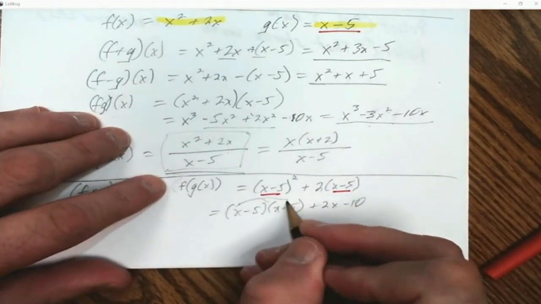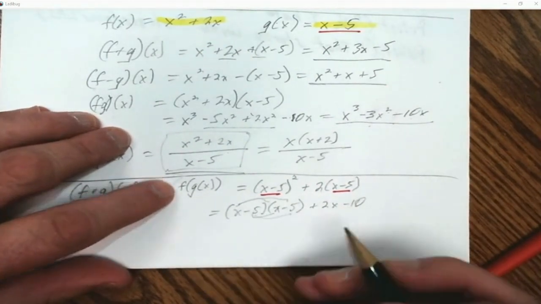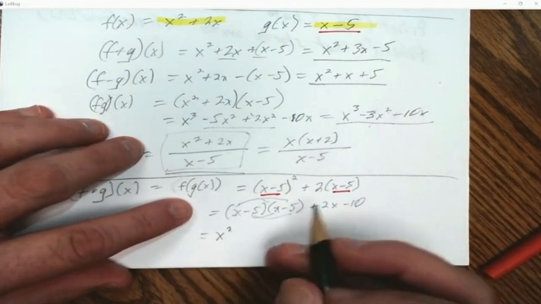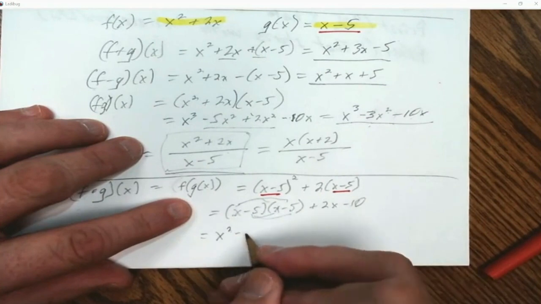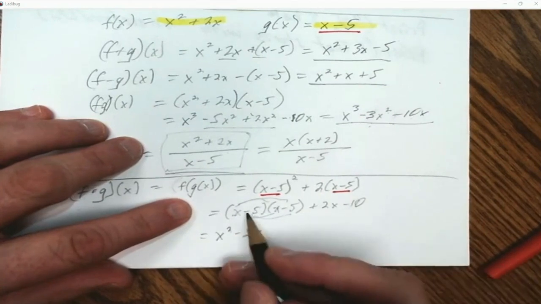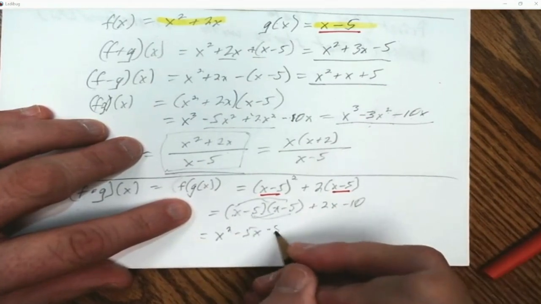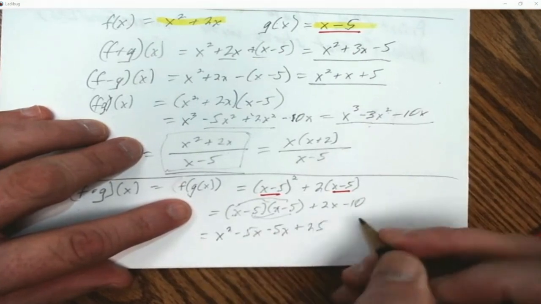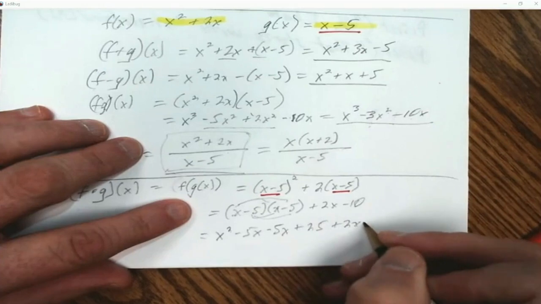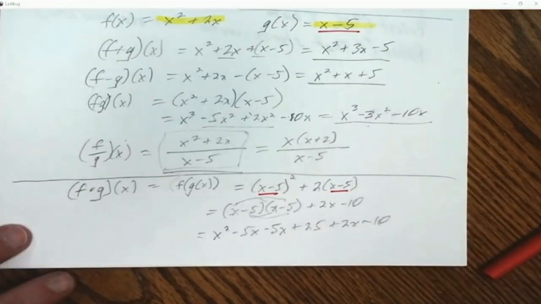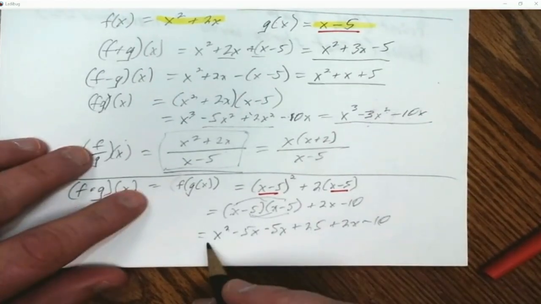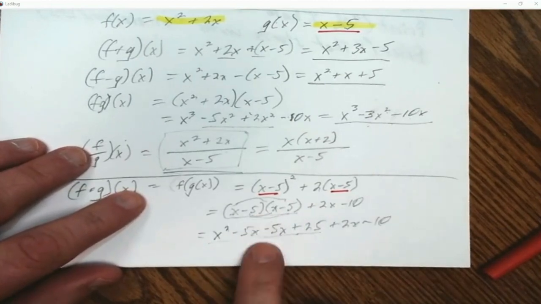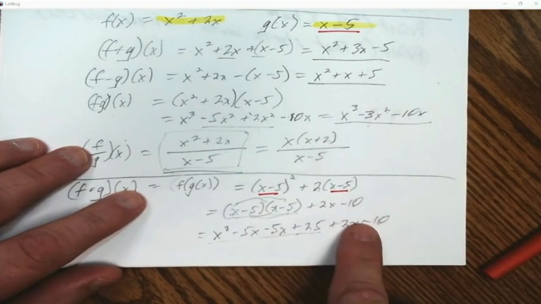Distribute to the first and second. x times x is x squared. x times negative 5 is negative 5x. Negative 5 times x, negative 5x. Negative 5 times negative 5 is plus 25, plus 2x minus 10. So this is simplified, distributed, and then we still have the 2x minus 10 at the end.